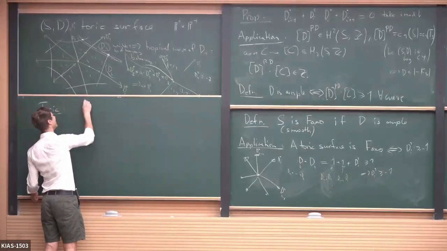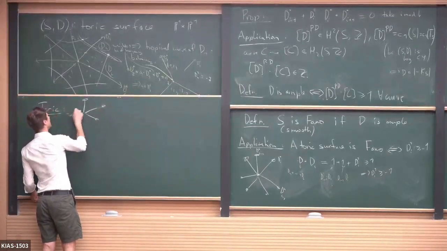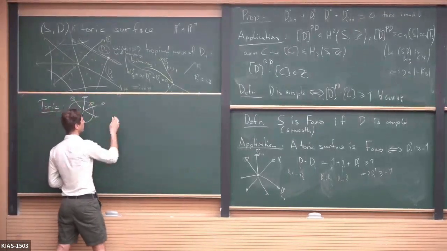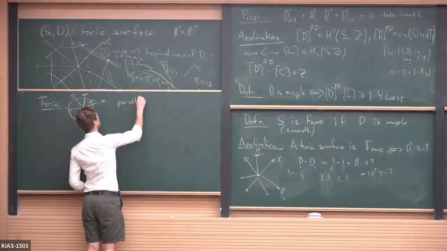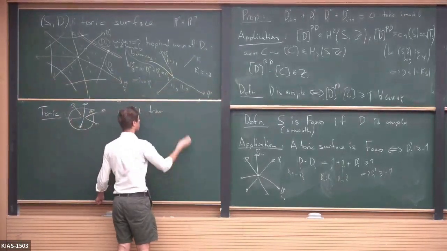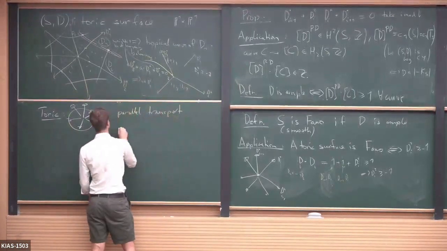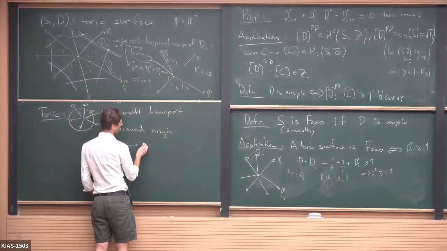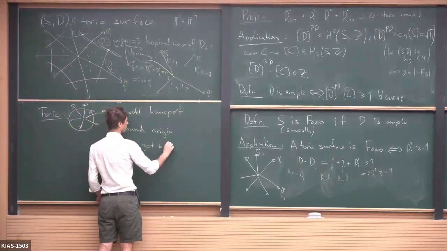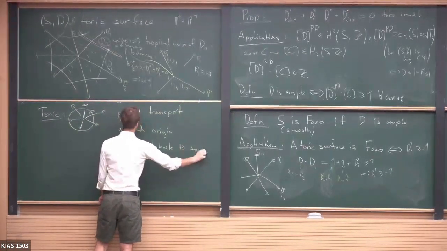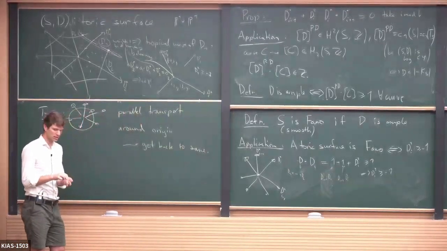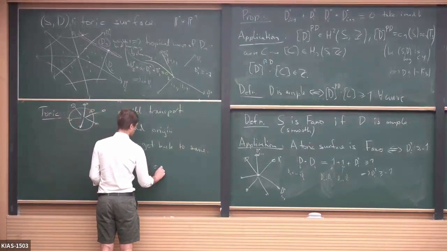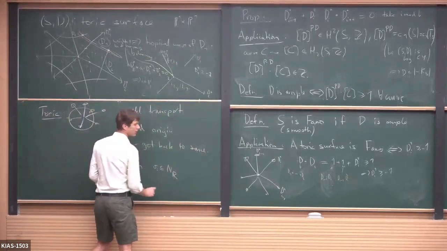If you parallel transport around, you get back to the same. The reason for this is that all the sigma_i's are contained in N_R.